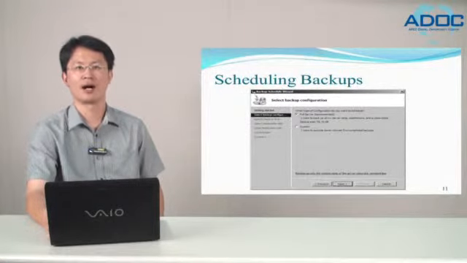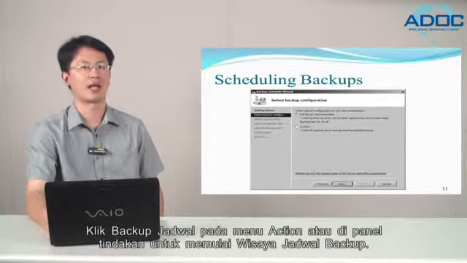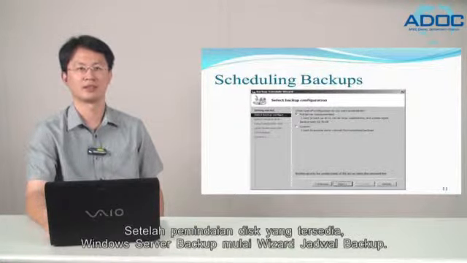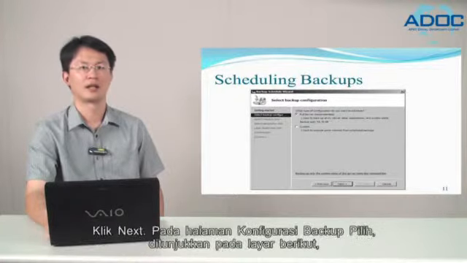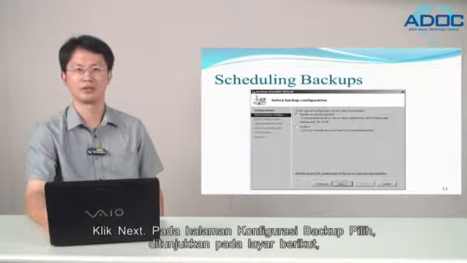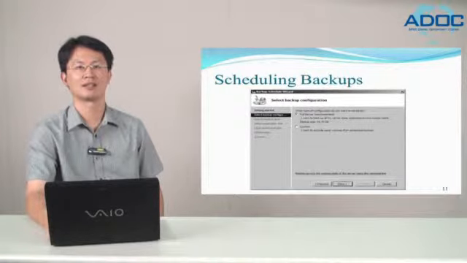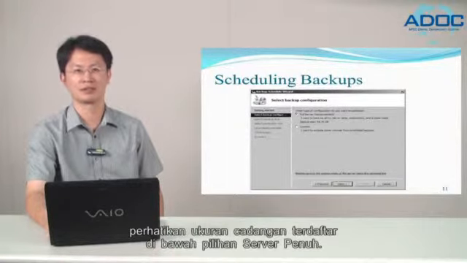Click Backup Schedule on the Action menu or in the Actions pane to start the Backup Schedule wizard. After scanning the available disks, Windows Server Backup starts the wizard. Click Next on the Select Backup Configuration page, showing the following screen. Note the backup size listed under the full server option.